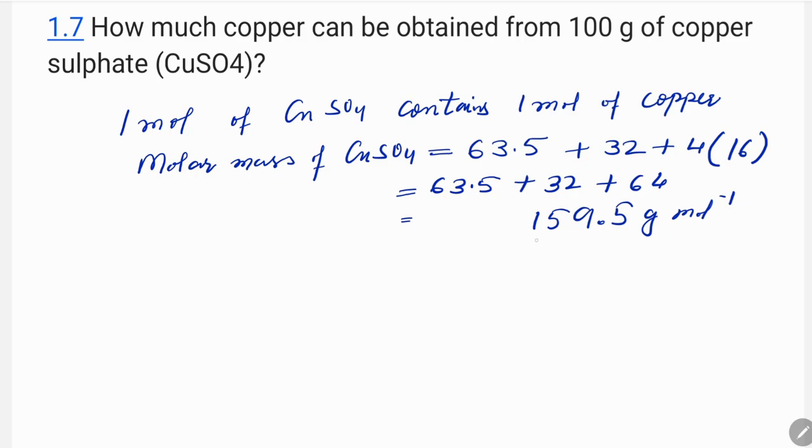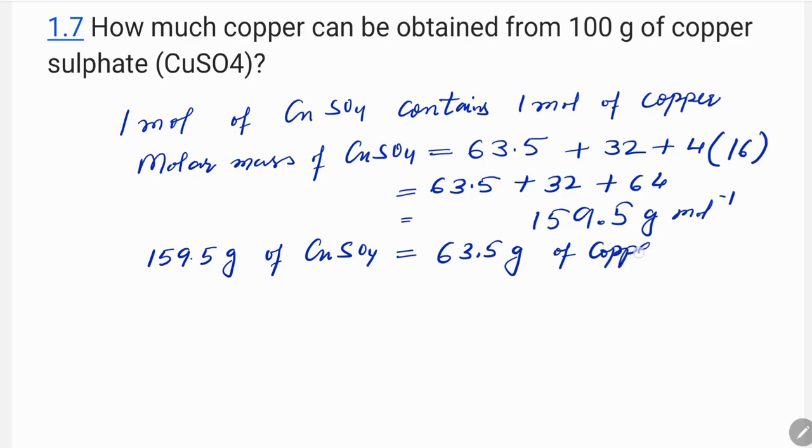From this, we got to know that if 159.5 gram of copper sulfate is given to us, then it contains 1 mole of copper, that is 63.5 gram of copper. If 1 gram of copper sulfate is given, then it is 63.5 divided by 159.5 gram of copper.